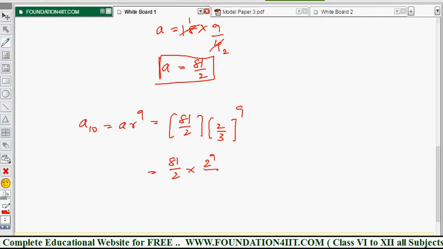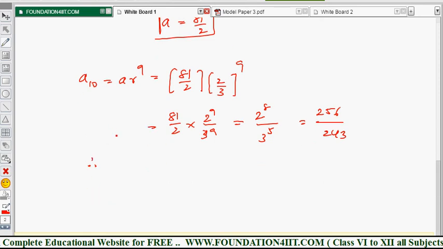Separate it, then simplify: 2 power 9 divided by 2 is 2 power 8, and 81 we can write as 3 power 4, so we get 3 power 5 by cancellation. 2 power 8 is 256 and 3 power 5 is 243.